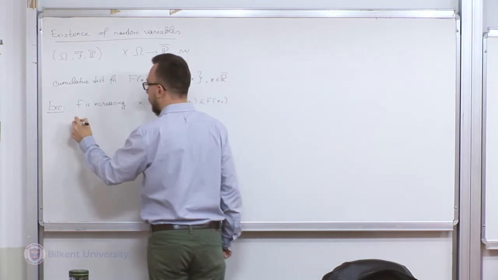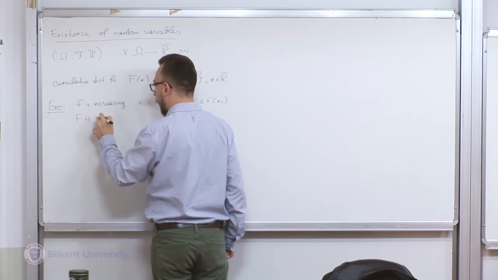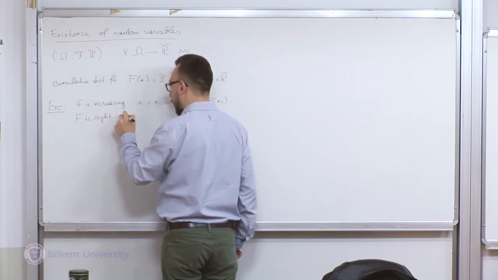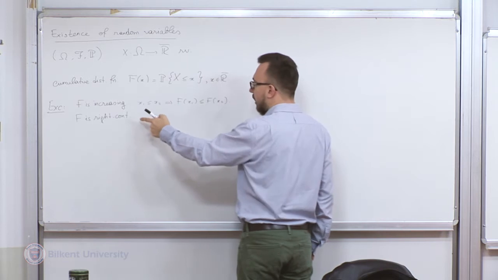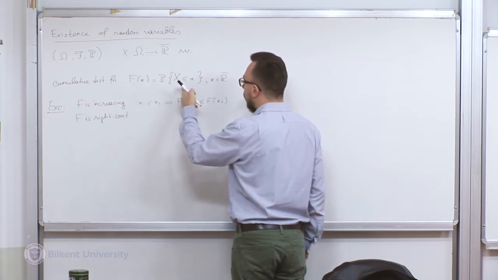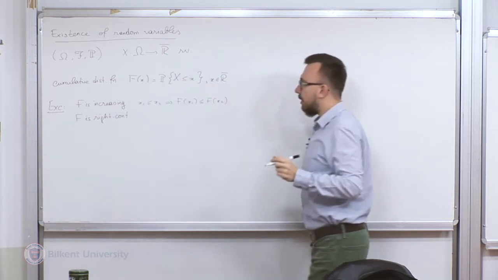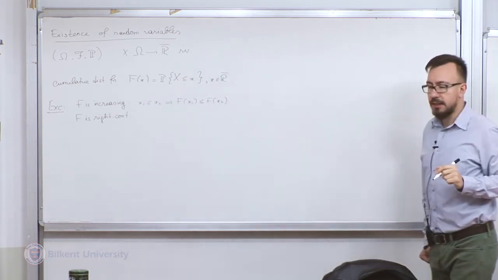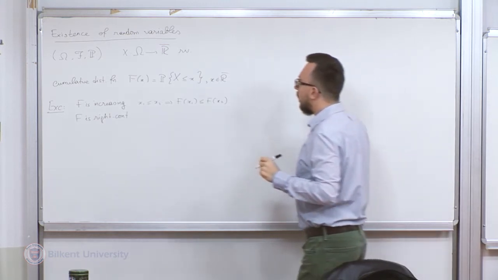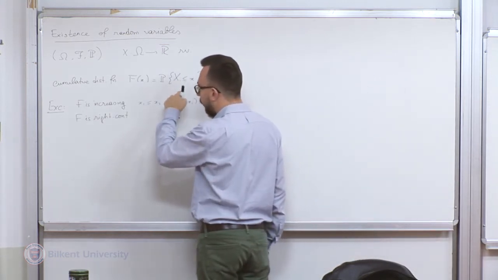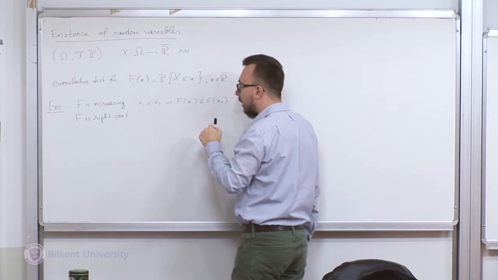F is right continuous. This is a result of the fact that we define it using the less-than-or-equal relation, but not the strictly-less-than relation. You would get the left continuous version if you have the strict inequality.